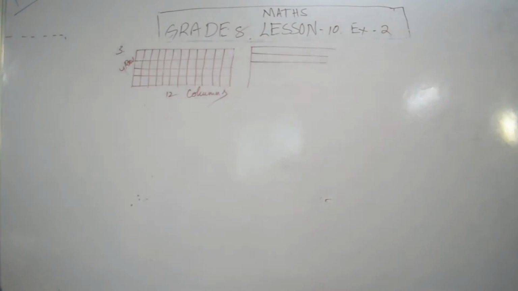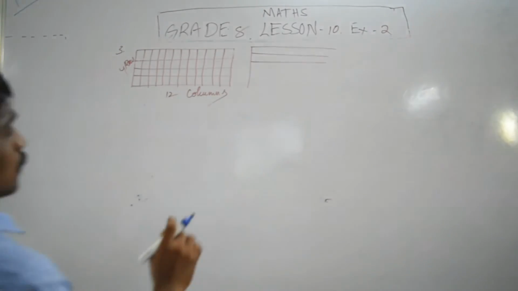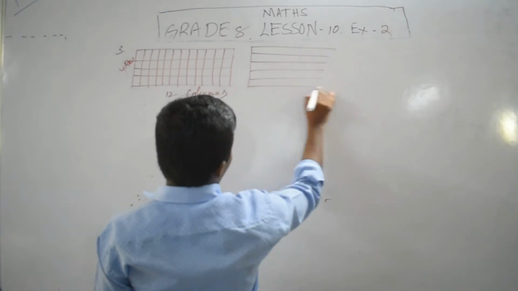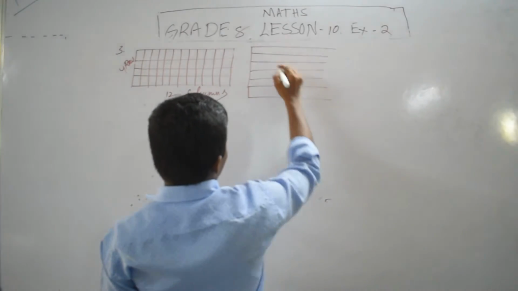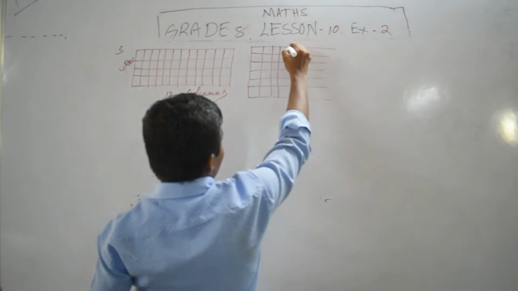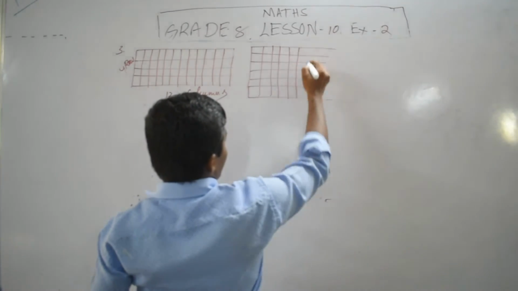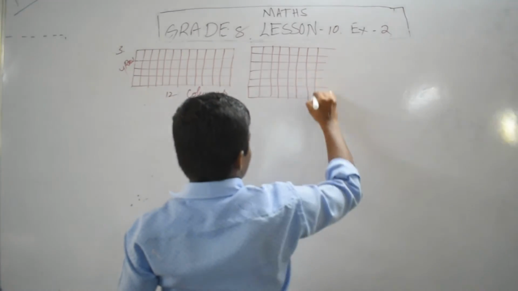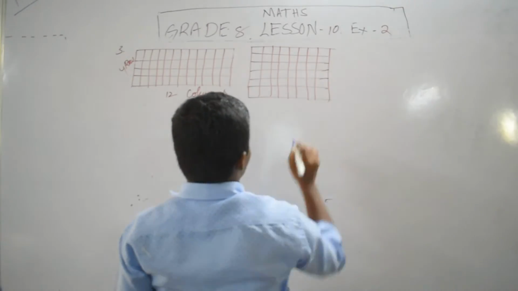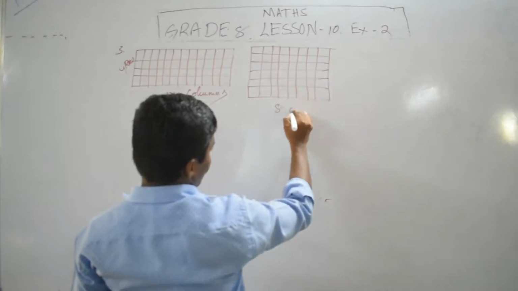Fall down. 3, 4, 5, 6, 1, 2, 3, 4, 5, 6, 7, 8. Here see, 8 columns.